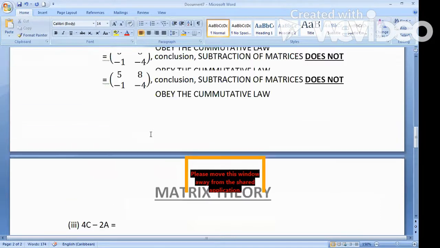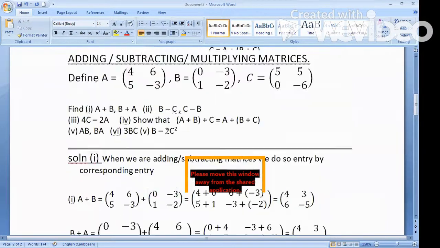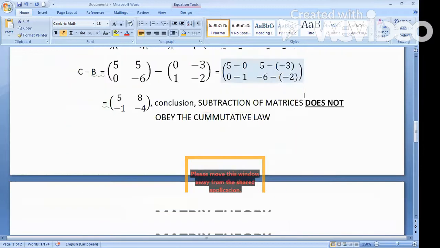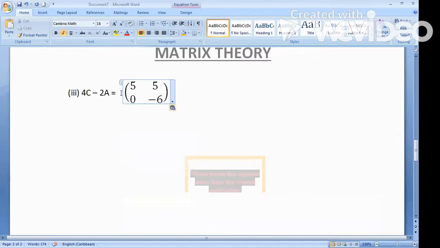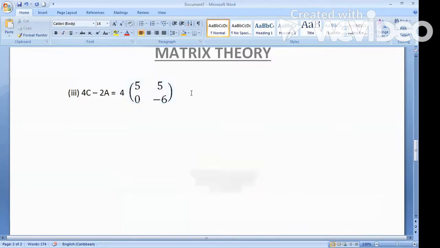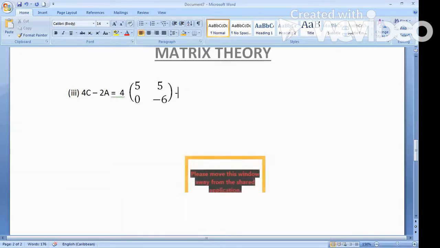C is this matrix here, and that's 4, subtract 2A.